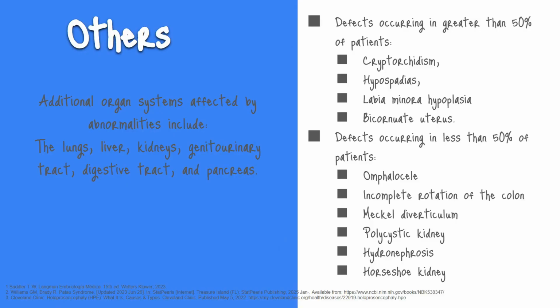Defects in these organs that occur in greater than 50% of patients with Patau syndrome include cryptorchidism, which is when the testes fail to descend from the abdomen, hypospadias, which is when the urethral opening is on the ventral part of the penis instead of the tip, and labia minora hypoplasia, which is when the labia minora is smaller than normal.